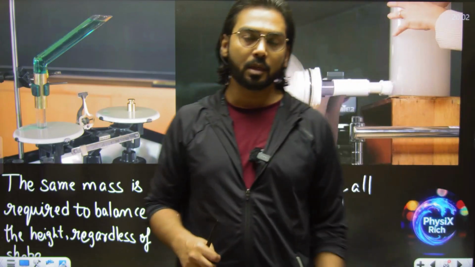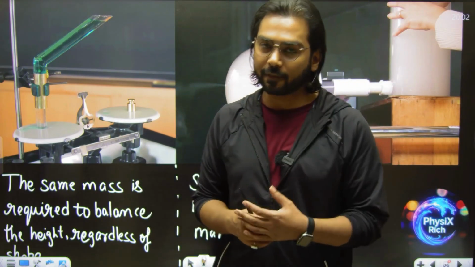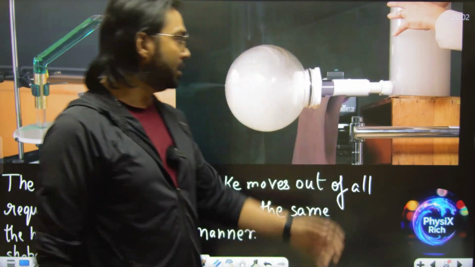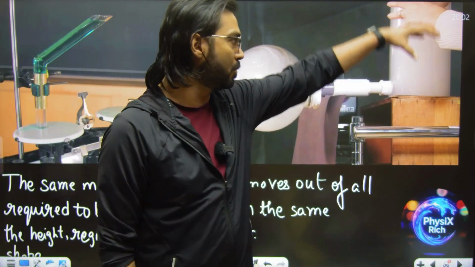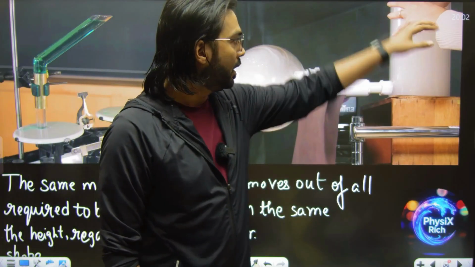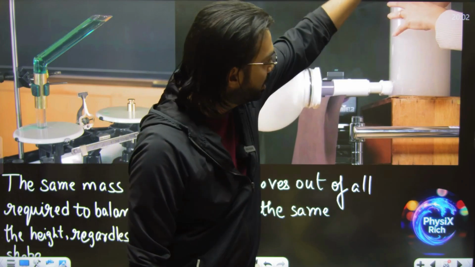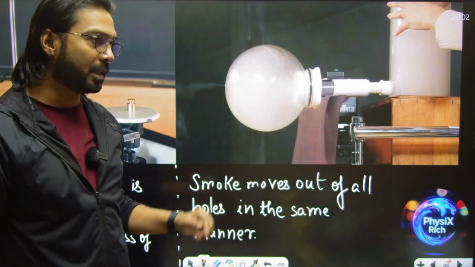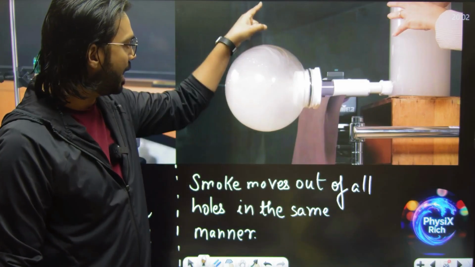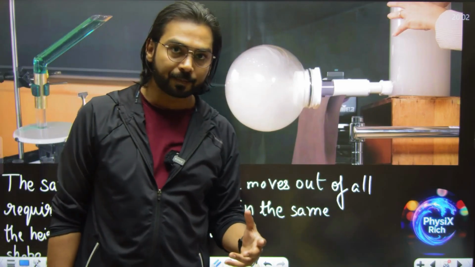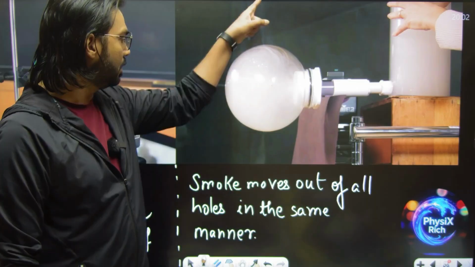All right, you see, pressure is a fascinating quantity. This is, well, a smoke cylinder, in which the smoke is being pushed downwards. But can you see that the smoke is coming out of here and here and here equally? Because there are three holes over here.